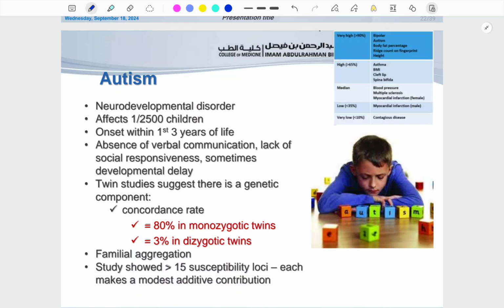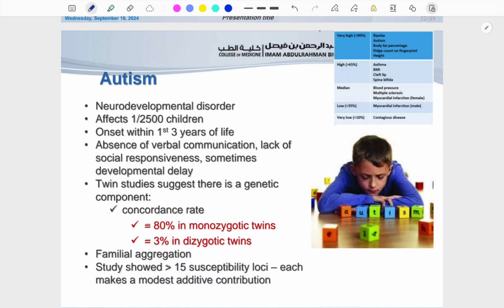Concordance in monozygotic twins is 80%. It means a high heritability. Genetic influence is extremely high. Environmental effect is low.